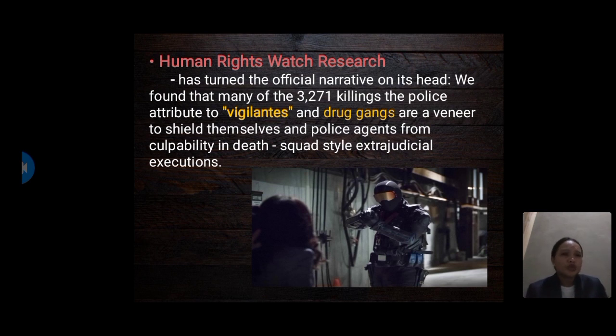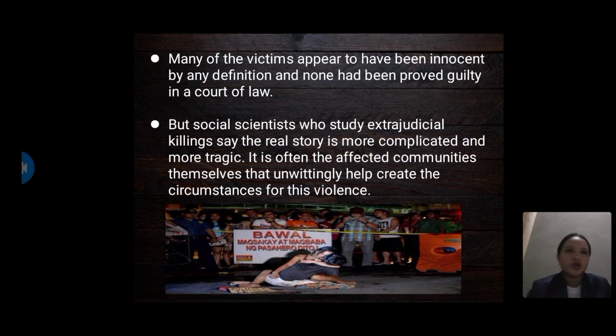So those who killed the suspected drug addicts are called vigilantes or drug gangs. So many of the victims appear to have been innocent by any definition, and none had been proved guilty in a court of law. So it's sad to hear that news.